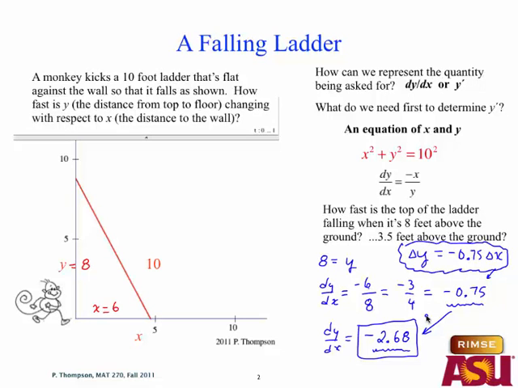Right. For a small change in x, y changes negative 2.68 times as much as x. So what's the story then? At 8 feet, the rate of change is negative 0.75. At 3.5 feet, the rate of change is negative 2.68. What story does this tell? What's that? Decreasing faster for the same change in x.